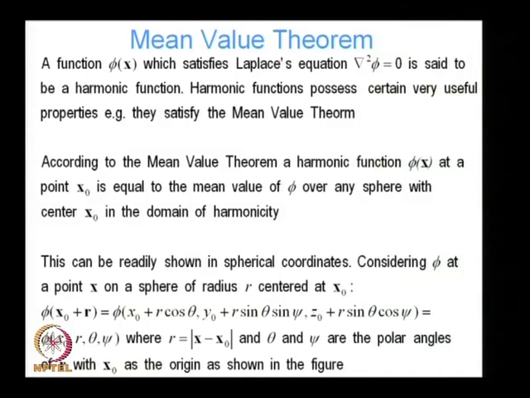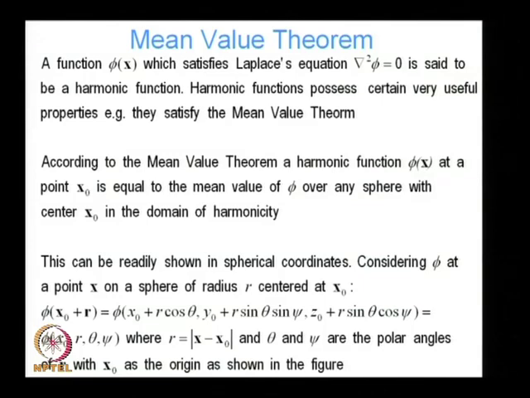Domain of harmonicity means that we have to make sure that in that sphere the Laplacian of phi is equal to 0 everywhere, because we are interested in finding phi such that it satisfies Laplace's equation.